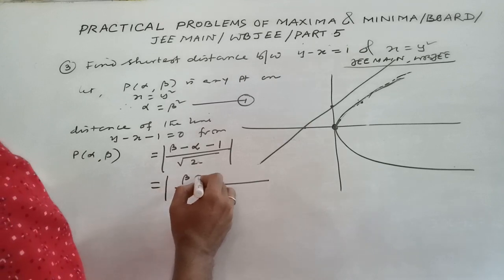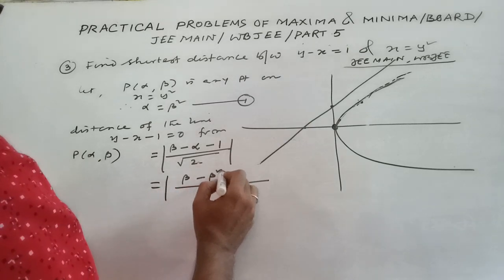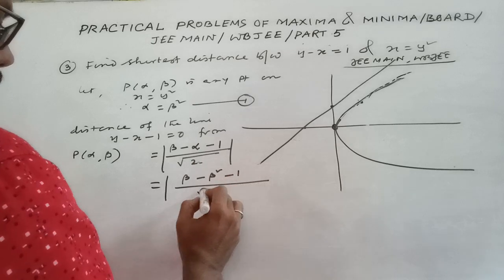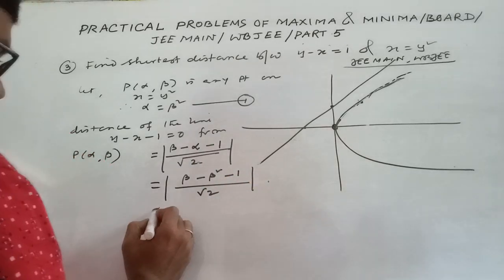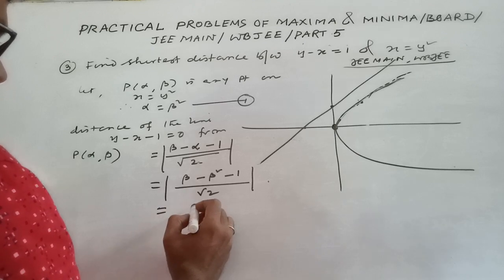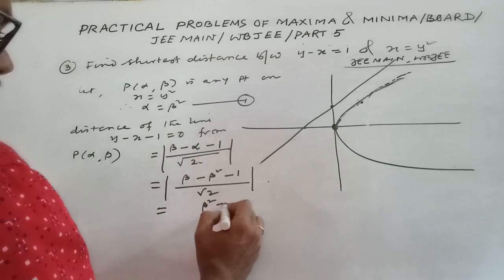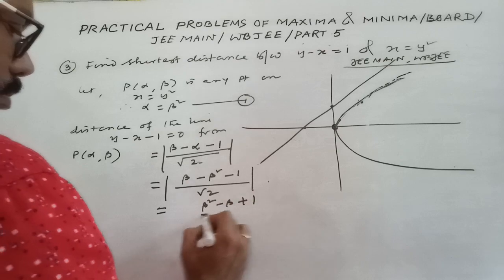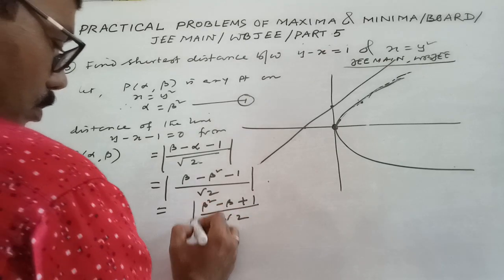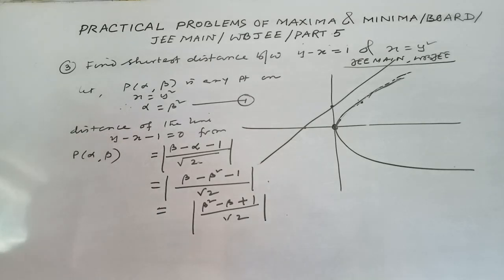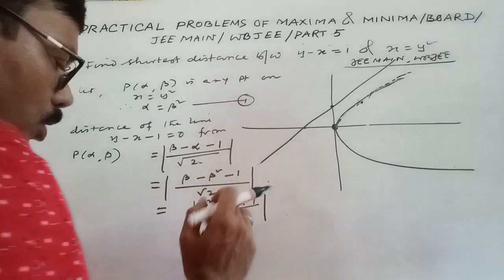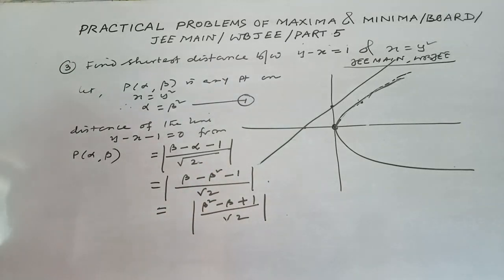So beta minus beta square minus 1 by root 2. So if you take common, so beta square minus beta plus 1 by root 2. So this is the distance, taking minus common.